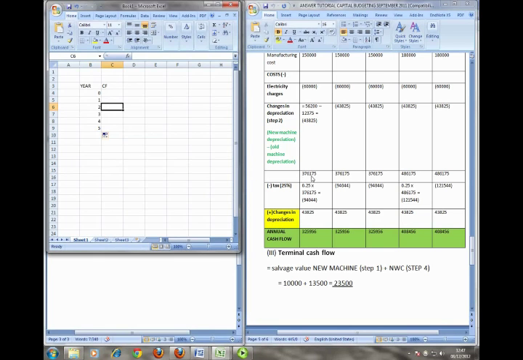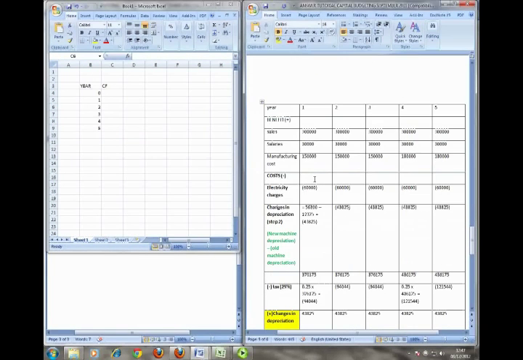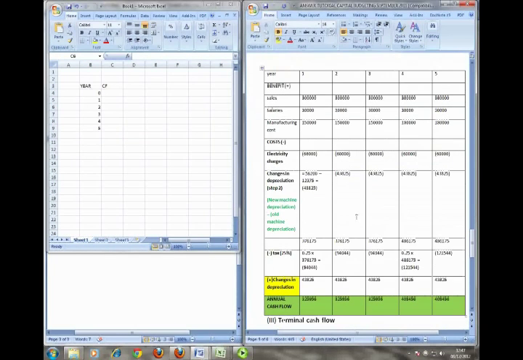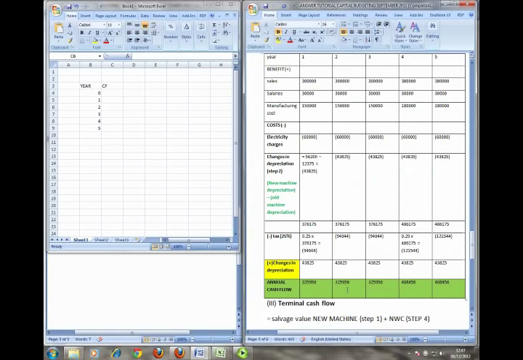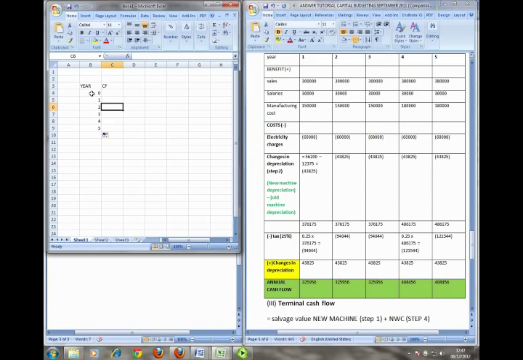The table on the left shows year 1, year 2, year 3 and year 5. Therefore, you need around 5 rows, including 0, which means you get 6 rows.